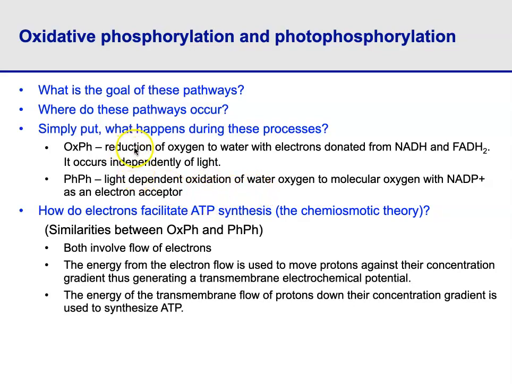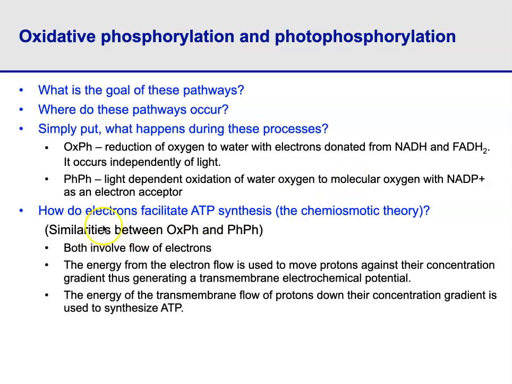In oxidative phosphorylation, we reduce molecular oxygen to water. In photophosphorylation, we oxidize the water oxygen to molecular oxygen. But the commonality between them is that in both processes, the goal is to generate ATP. Regardless of how that is achieved, the overall goal is ATP generation.